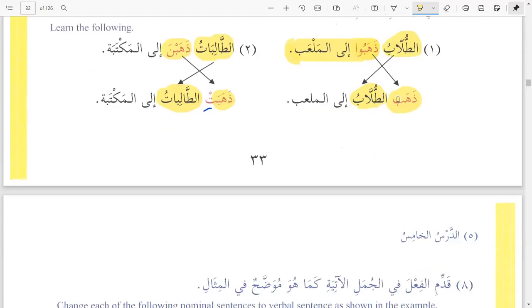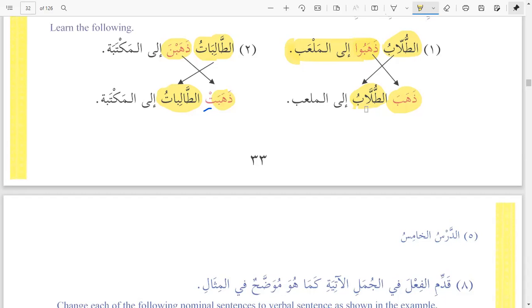While verbal sentences always start with the verb, and they always start with the first form of the verb. If the subject is singular, we will use the first form, zahaba.